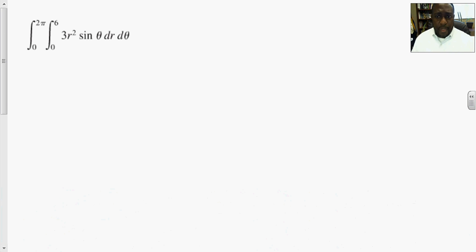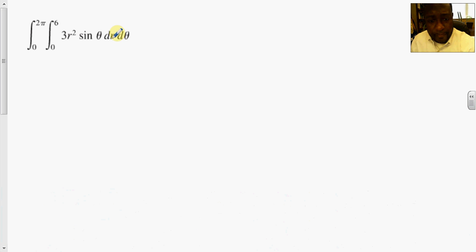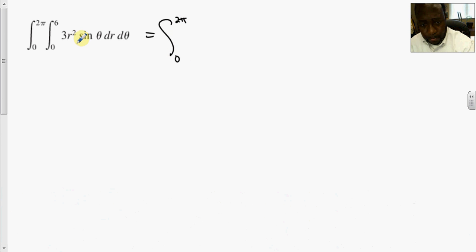The first problem is already set up for us, so now all we have to do is solve it. It's dr d theta, so that first means for us to integrate with respect to r. We have the integral from 0 to 2 pi.